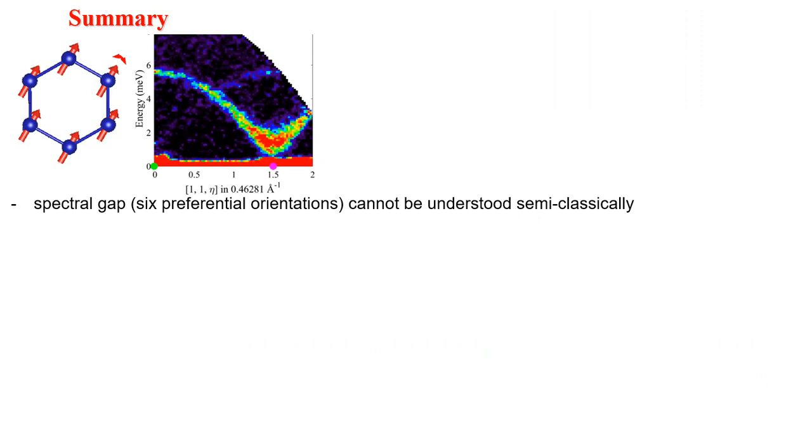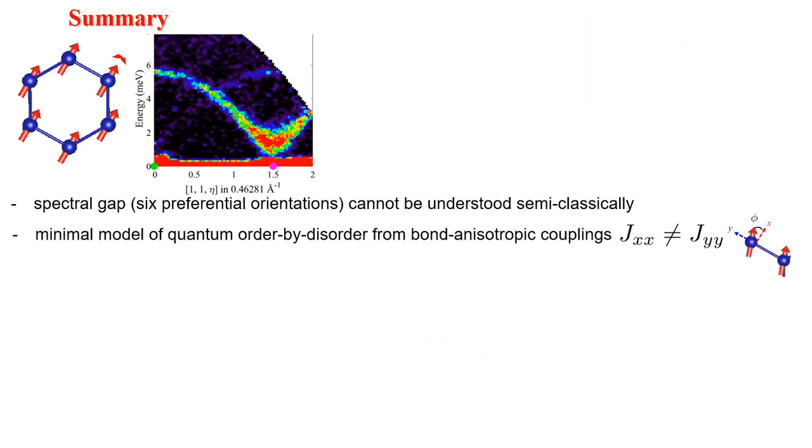We've seen a spectral gap, which indicates a discrete set of orientations, which cannot be understood semi-classically. And I've discussed the minimal model based on bond-dependent anisotropy and zero-point fluctuations, which can provide a mechanism for gap opening.